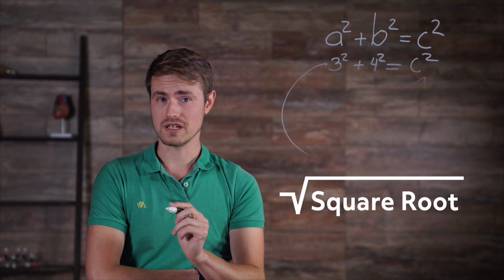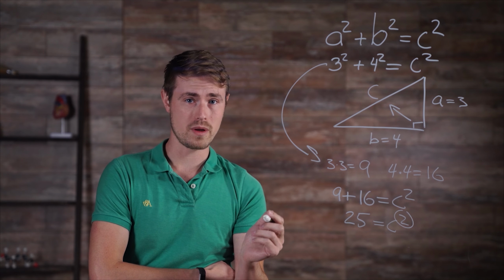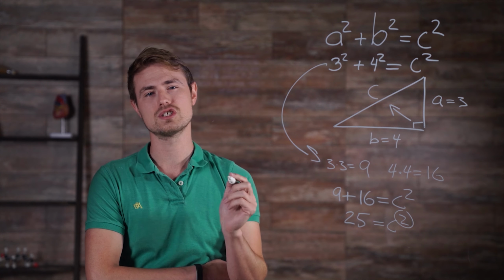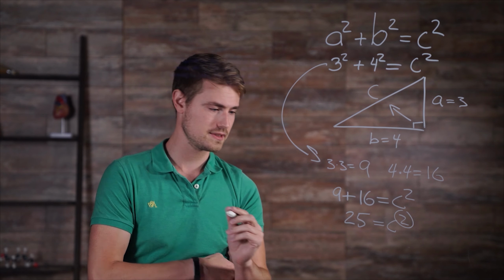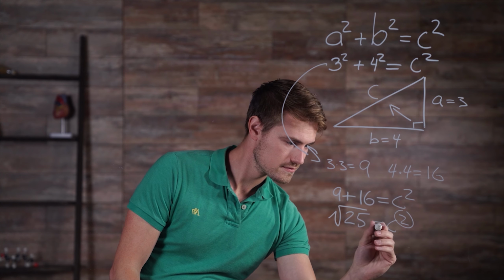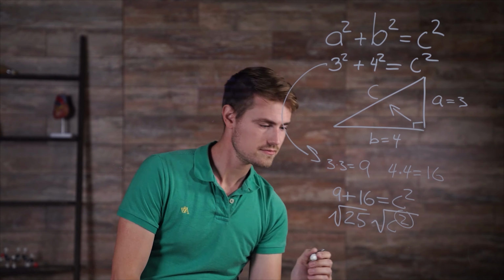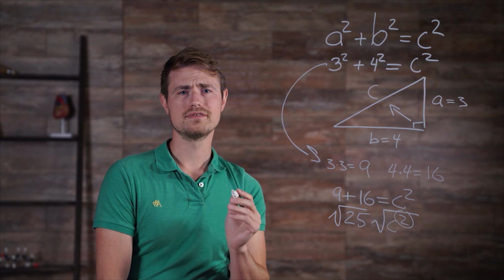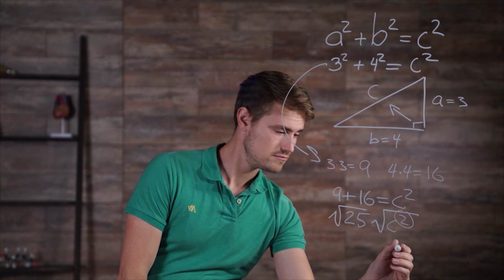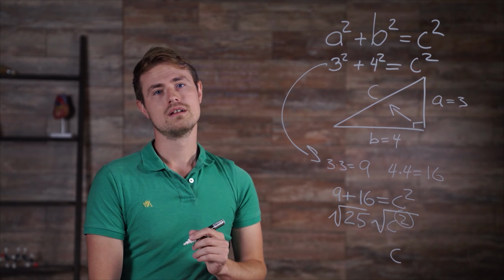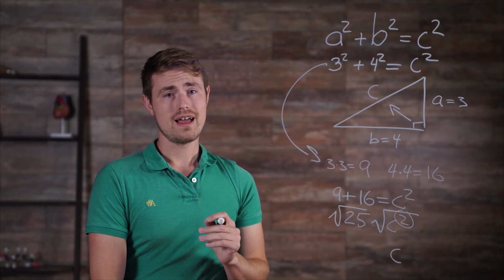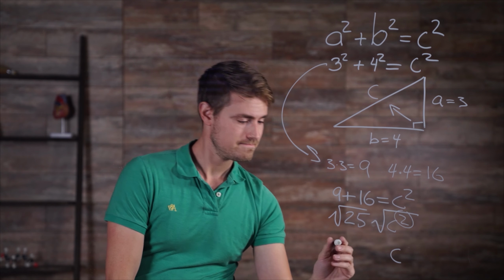Since it's an equation, whatever we do to one side of the equation, we must do to the other. So I'm going to take the square root of both sides. The square root of c squared is c. And the square root of 25 just happens to be 5.